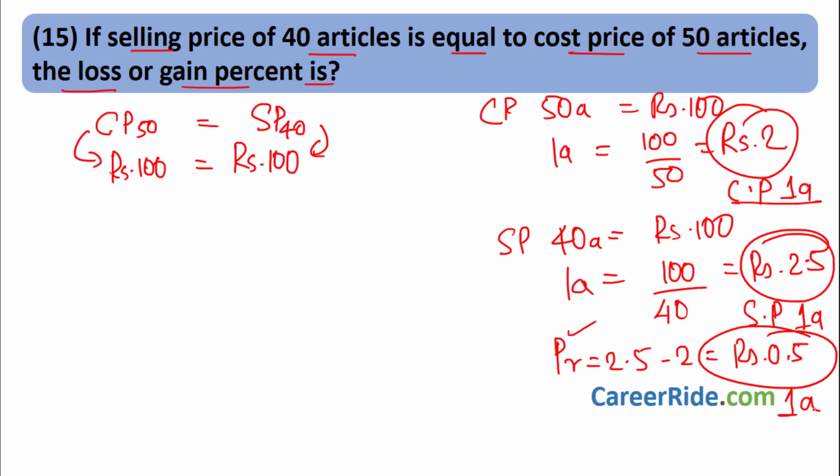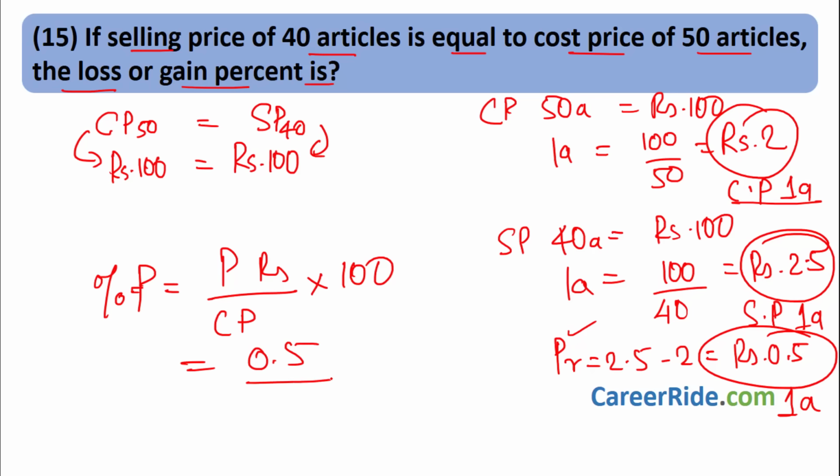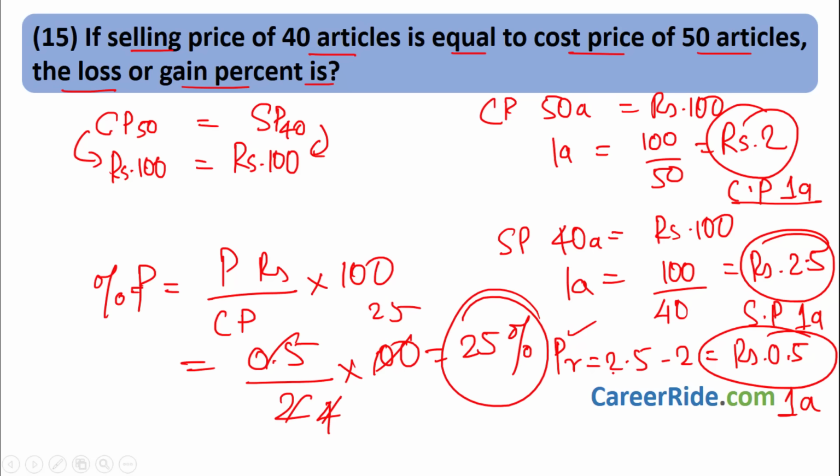So how much is the profit percentage? We know profit percentage is nothing but profit in rupees divided by cost price multiplied by 100. Profit in rupees is 0.5. Cost price is 2, into 100. That would give us 25%. So the profit percent is 25%.